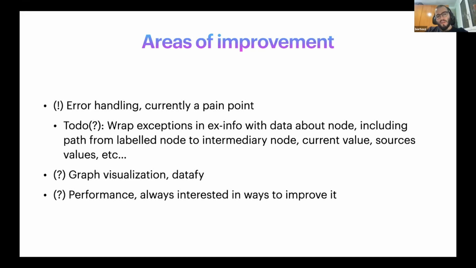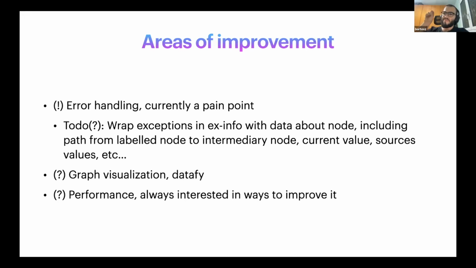So I think that one of the things that I can do to solve that is to grab the exceptions in an xinfo, and I would like to build some kind of path from a labeled node to the intermediary node that failed, so that when you're observing a failure, you can see, okay, my histogram that depends on my MACD, that depends on my fast moving average, and the fast moving average threw an exception.